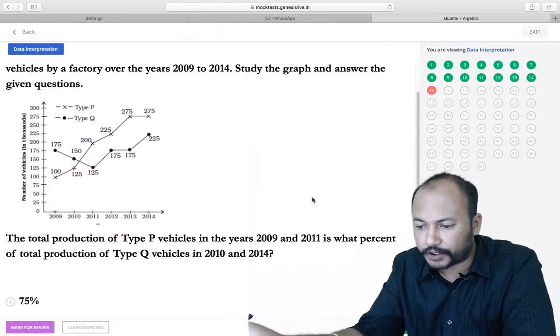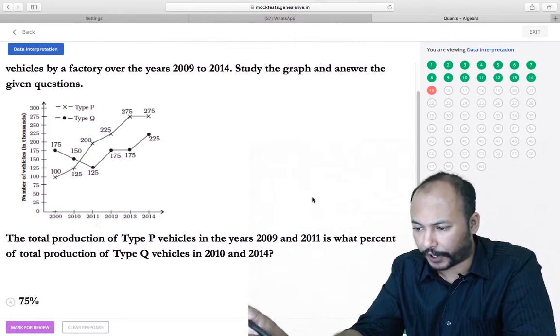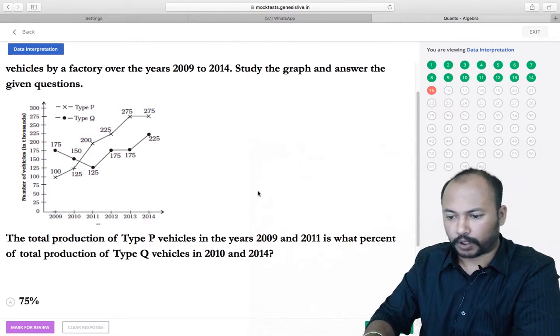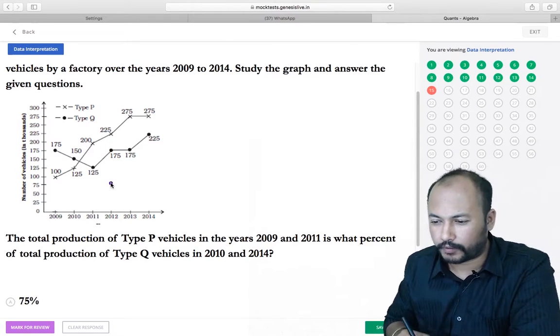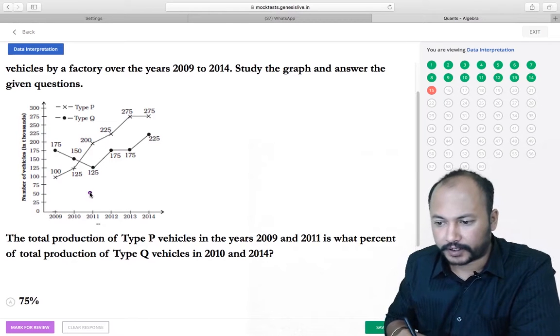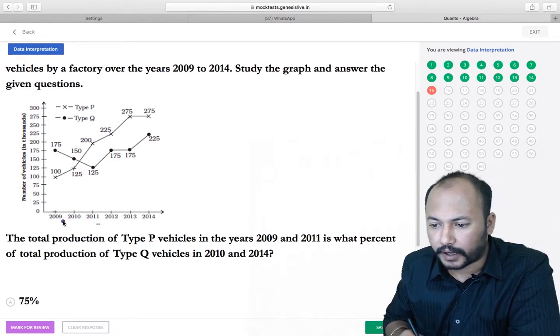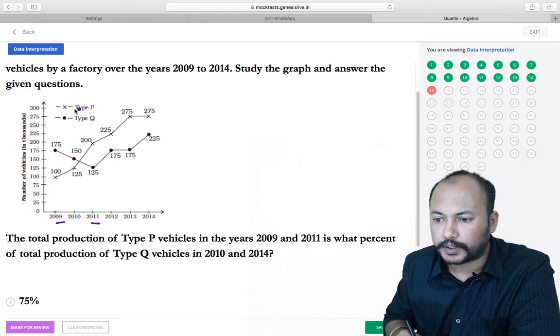The total production of type P vehicles in the years 9 and 11 is what percent of the total production of Q in 10 and 14? Okay. Fine. Type P in 9 and 11, these two values, that is 300.